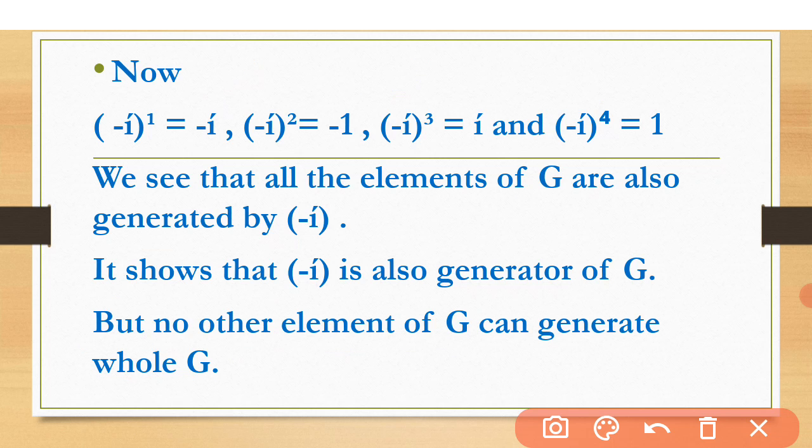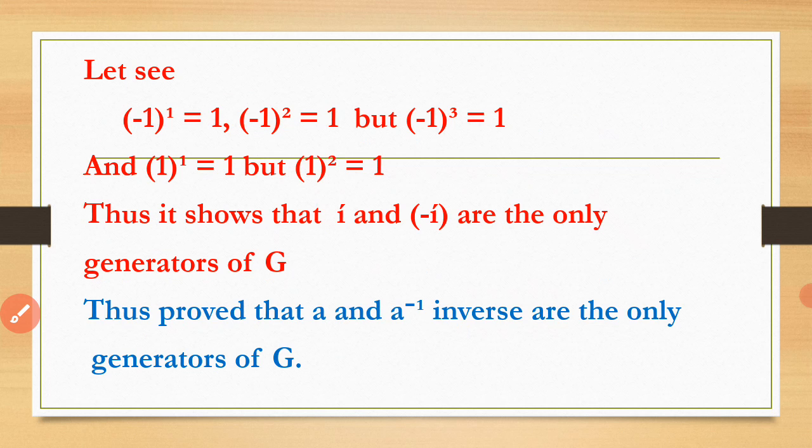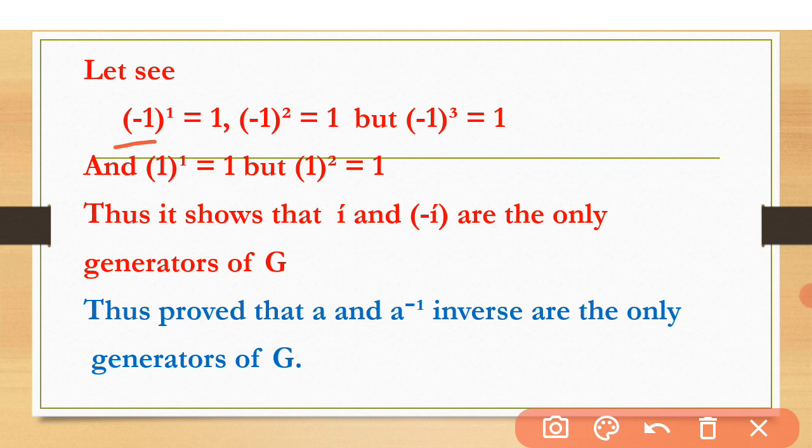Other elements of G are 1 and minus 1. Let's check. See that minus 1 raised to power 1 is equal to minus 1, and minus 1 raised to power 2 is equal to 1, and minus 1 raised to power 3 is also equal to minus 1.